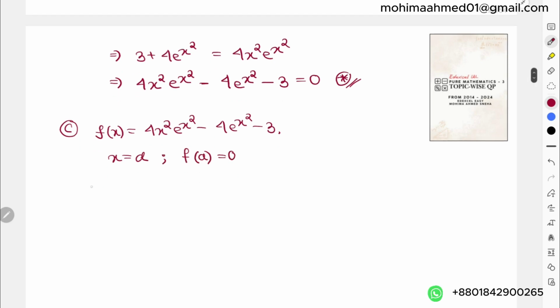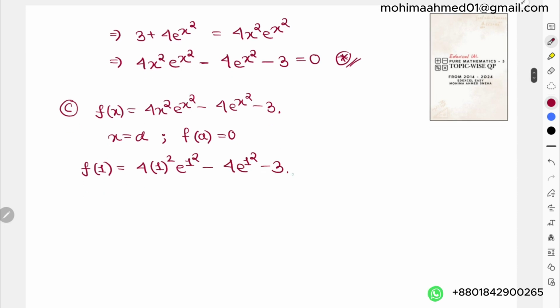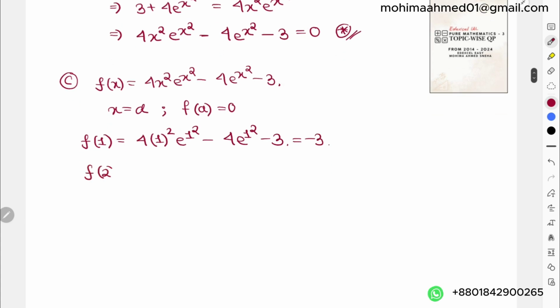So if I insert x equals 1, which is going to be f(1), 4e to the power 1 squared minus 3, you are going to get your answer as minus 3 here. And if I insert x equals 2, you get 4e to the power 2 squared minus 3, and that is actually 652.